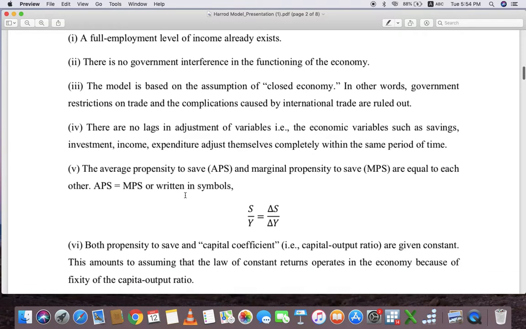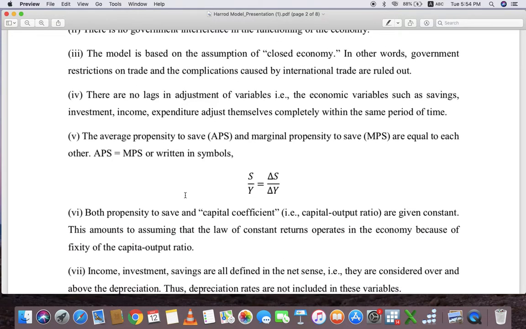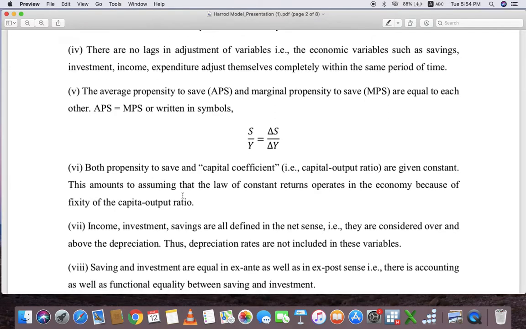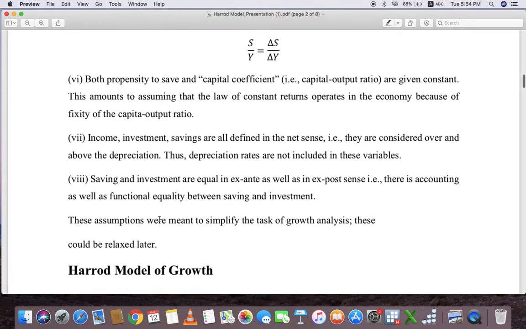Another assumption is that the average propensity to save, that is S by Y, is equal to the marginal propensity to save, that is delta S by delta Y, and both the propensity to save and the capital output ratio, that is the capital coefficient, are constant. So the law of constant returns operates in the economy, and income, investment, and savings are all net values, that is, the depreciation amount has been excluded from all of them.